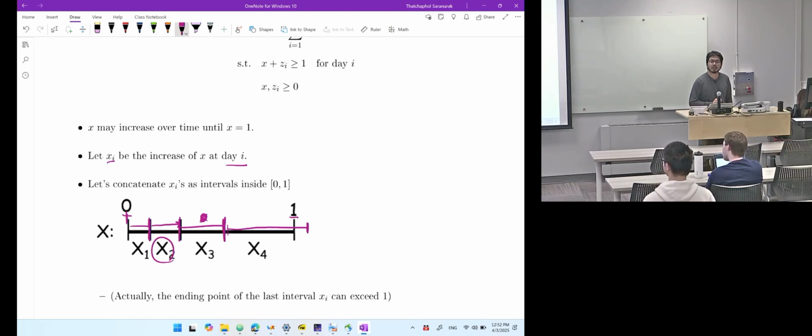Then we set x to be 1 at day 3. That's what you mean? Yes, exactly. Just pick a random point in the 0 to 1 interval. If it lands in the interval of x_3, then buy on day 3. If it lands in the interval of x_4, then buy on day 4.